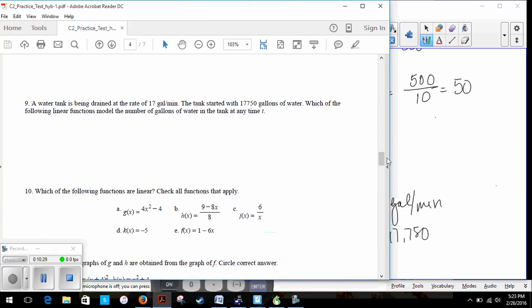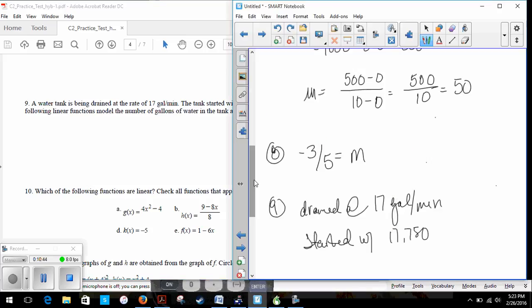Number 9, I have a tank that's being drained at 17 gallons a minute. The tank started out with 17,750 gallons of water. Write a linear function to model the number of gallons of water in the tank at time t.